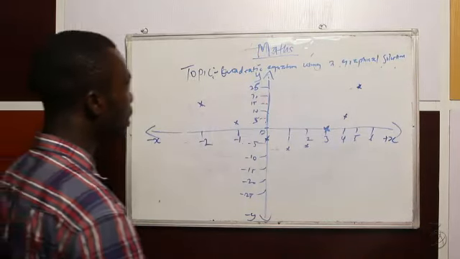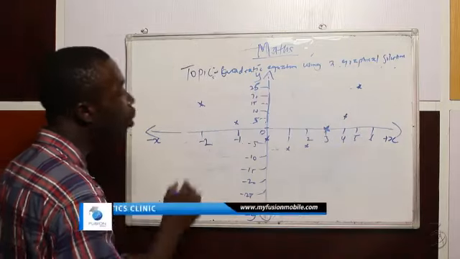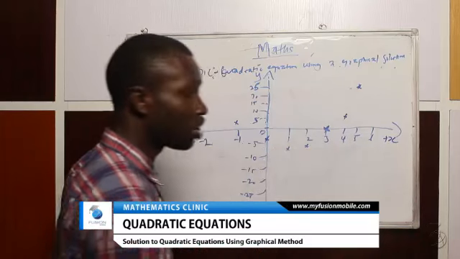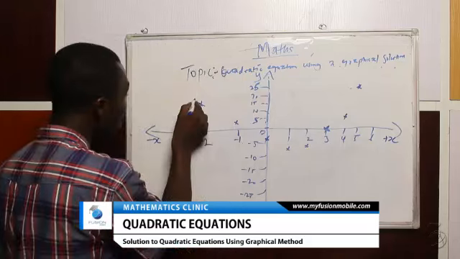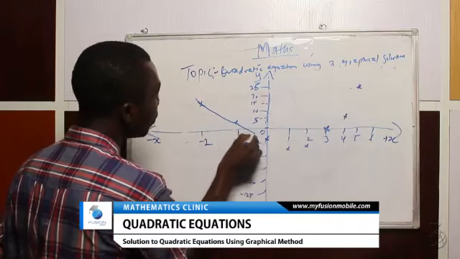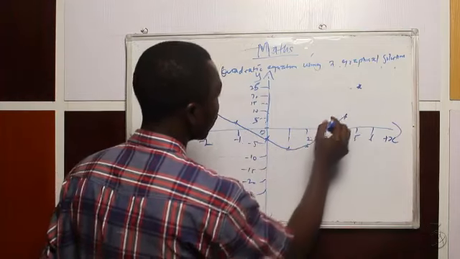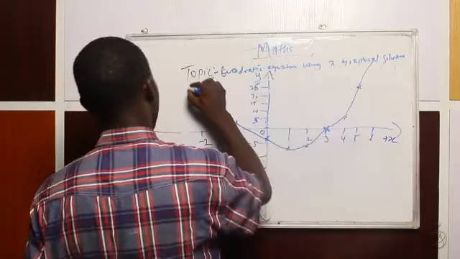But we have not concluded yet, because we have to join our points so as to have our full marks. Please ensure you use a very sharp pencil. Then you join your points. Wow.